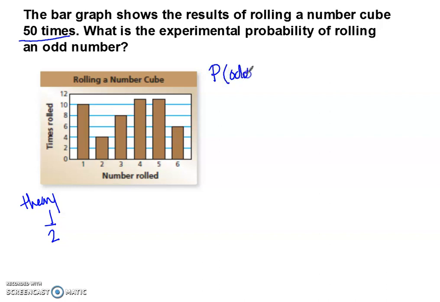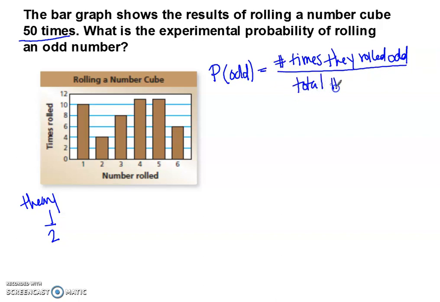Probability of getting an odd is a fraction, right? Still a fraction. The number of times they rolled odd over the total number of times they rolled that dice. So we want to look at our chart. Well, 1 is odd, 3 is odd, and 5 is odd.